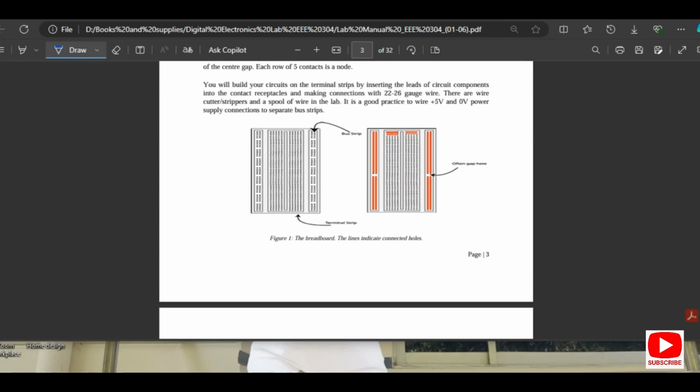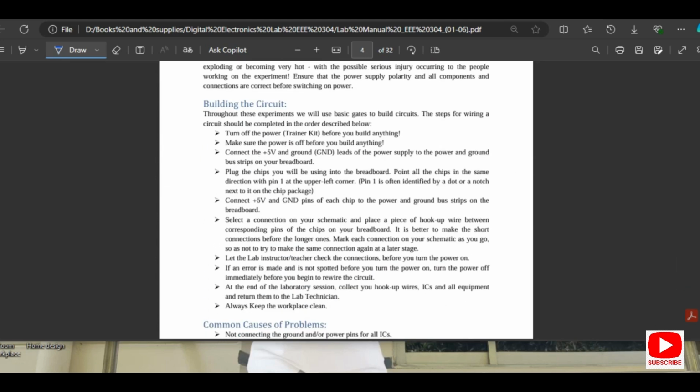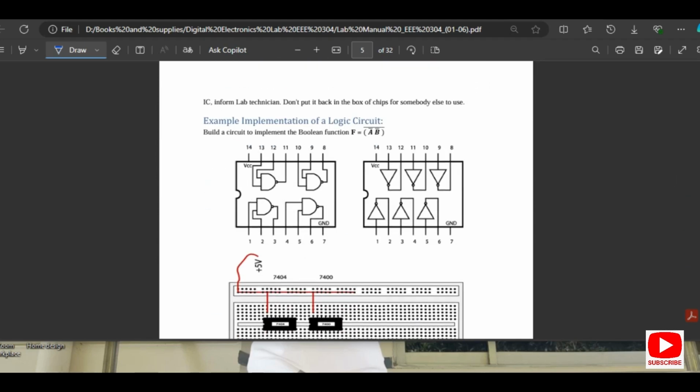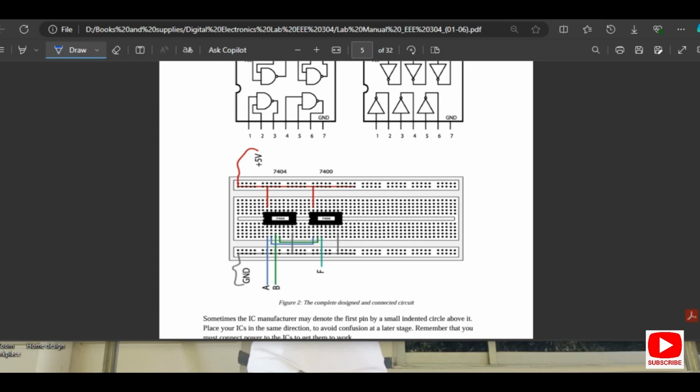So first of all we are going to see some basic components here. This is a breadboard where we can mount different types of ICs and can successfully develop any project. We need some ICs, but the internal diagram of an IC is like that, but basically the IC looks like here.